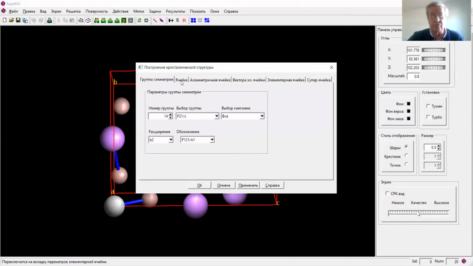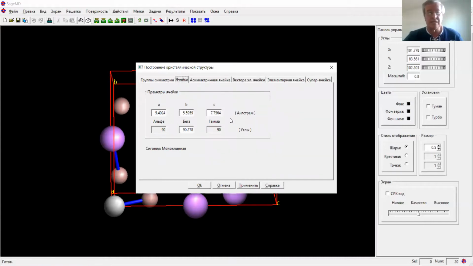If we go to the unit cell, we'll see that all A, B, C vectors are different. 2 angles are 90 degrees, and one is not 90 degrees, but actually in this case it's pretty close. So this is what a monoclinic structure is.